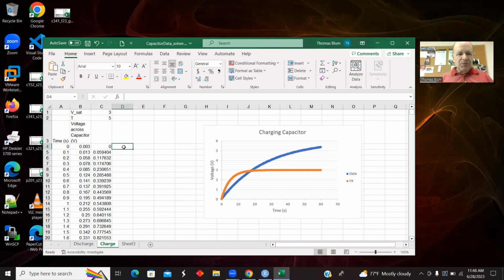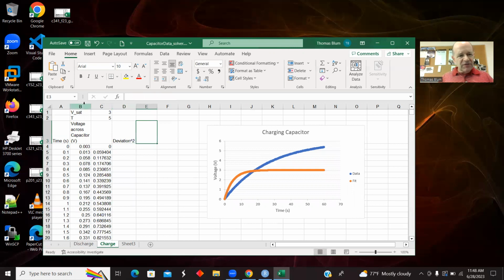We want to take the difference between the data and the fit, the deviation, or sometimes you'll see the word residual, and then we want to square that. So the deviation is the difference between B and C, and that could be positive or negative.